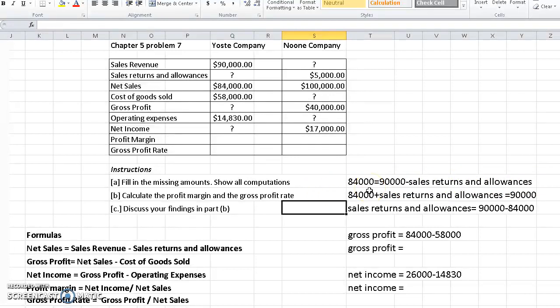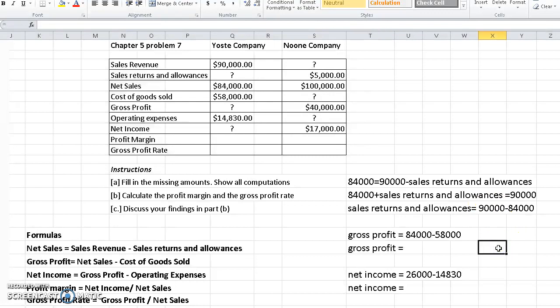So let's just move this around a little bit. So now we're going to move sales return and allowances to this side of the equation. And so now we have 84,000 plus sales returns and allowances equals 90,000. Move it around a little bit more, and sales returns and allowances equals 90,000 minus 84,000.